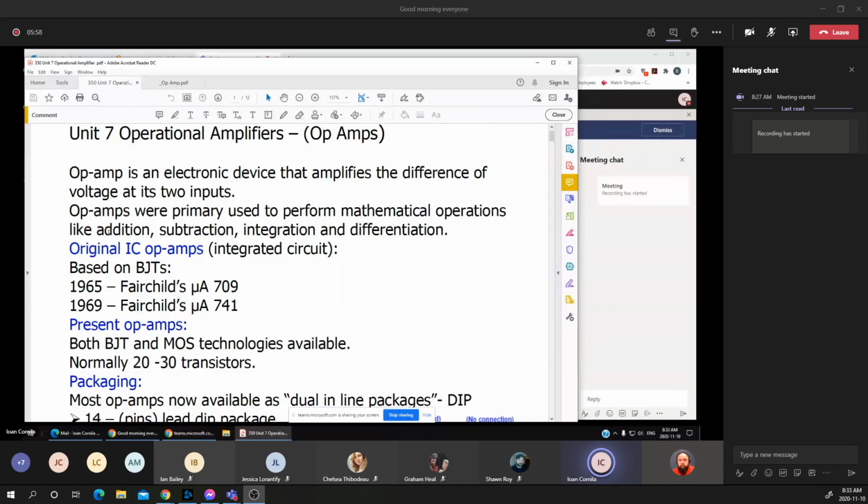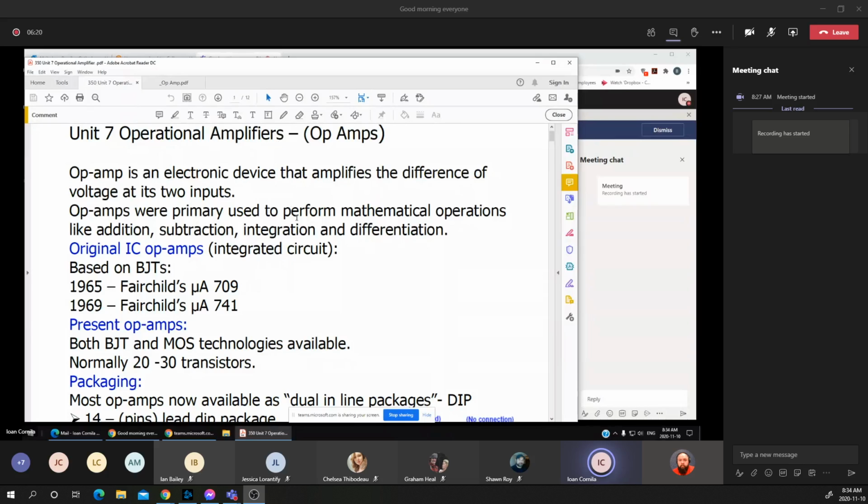We'll talk about these types of circuits a bit later in this course, but I'm just trying to explain the name of these integrated circuits, and the second term or terminology is amplifiers.